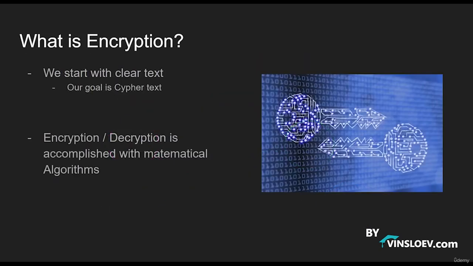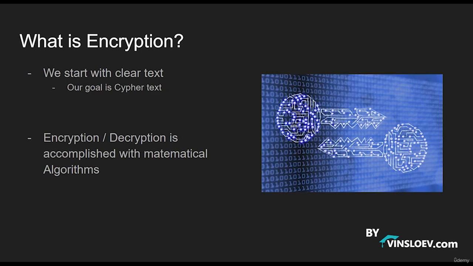So first of all, what is encryption? Encryption is when we start off with something in clear text, meaning something that we as humans can read, for example a text in a document, or something that we have entered on a forum on a web page, and then we want to encrypt it such that it is only us and the receiver that is capable of reading this message.